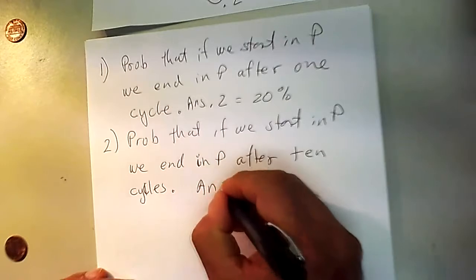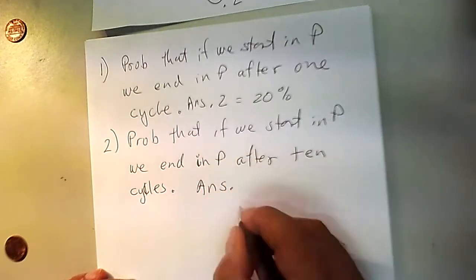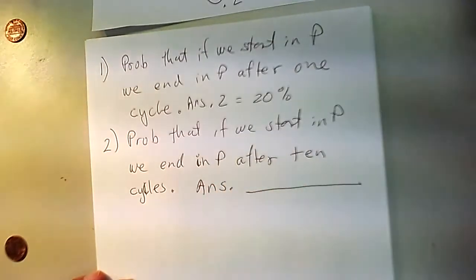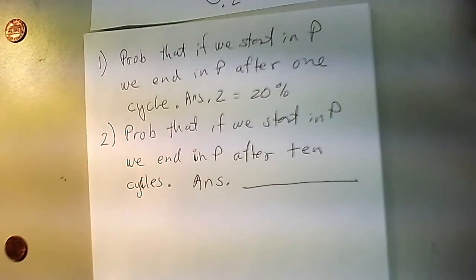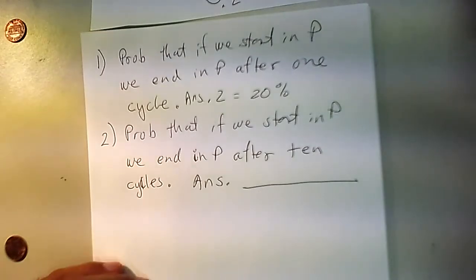And I don't know the answer yet. Well, that's one of the things we want to find out. So what is that probability? If we start in P, what is the probability that we end up in P after n cycles?